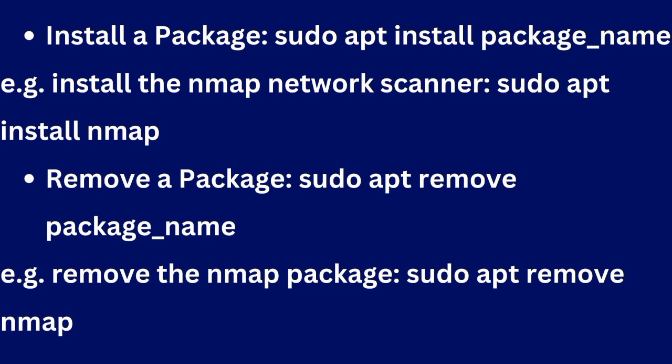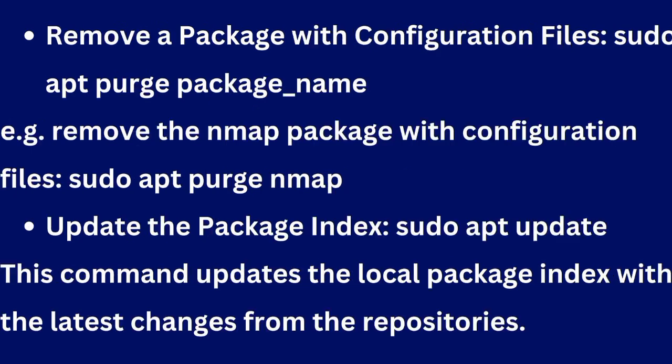Then you can also use apt-get remove package, that is to remove the specified package. Another one is apt upgrade, to upgrade all installed packages to their latest version. Then apt autoremove removes the packages that were automatically installed to satisfy dependencies. So these are basically the commands you'll be used to if you are using apt.